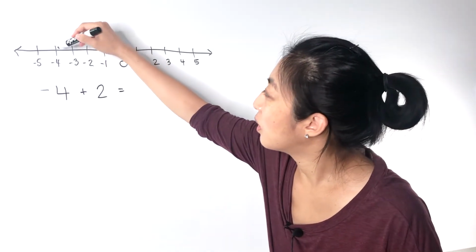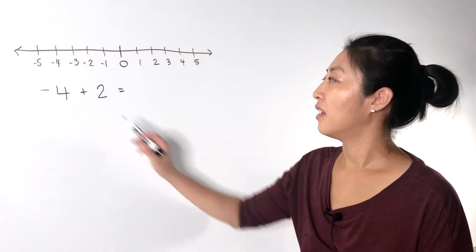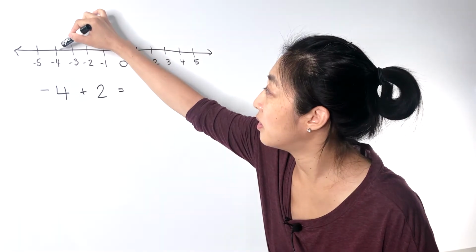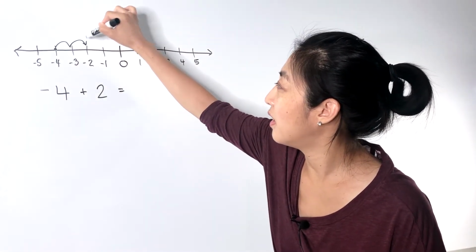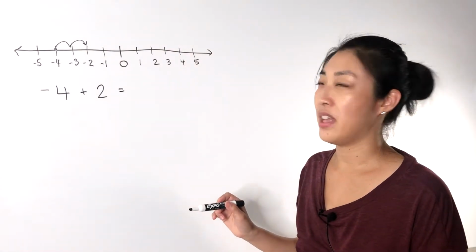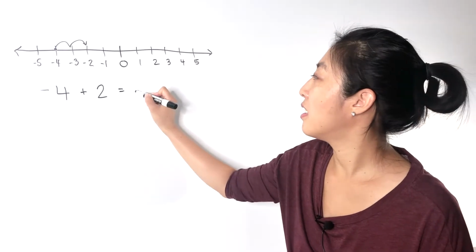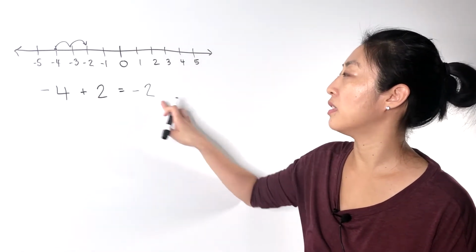So here we are right here, -4. Plus 2. So from -4, we go over 1, 2, and that's where we land, and that's our answer. Our answer is -2. So -4 plus 2 equals -2.